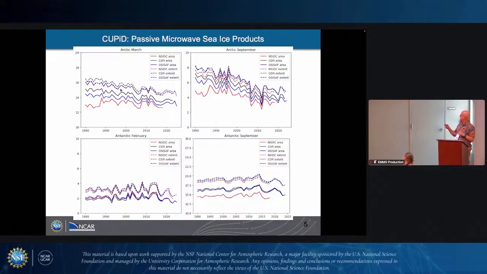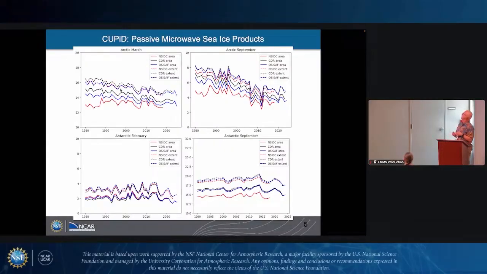But what you can see here is the dashed lines are extent, and they agree pretty well generally between all of the different products. So there's the NSIDC official area and extent. There's this newer climate data record developed by NOAA and NASA. And then there's this European product, the OSI SAF, and don't ask me what that acronym is.